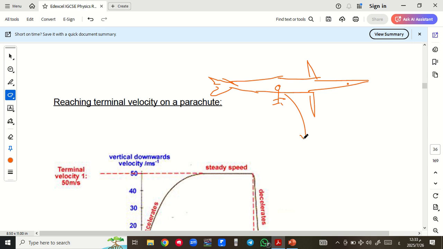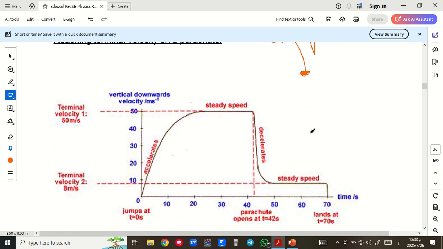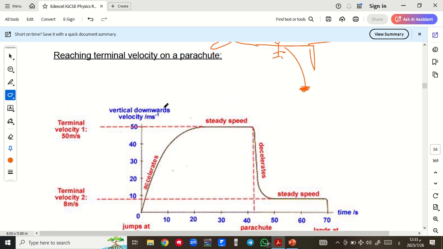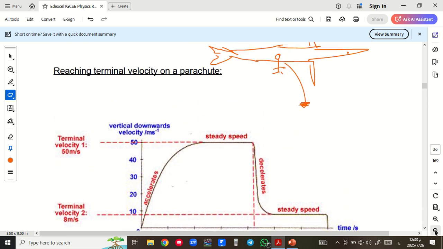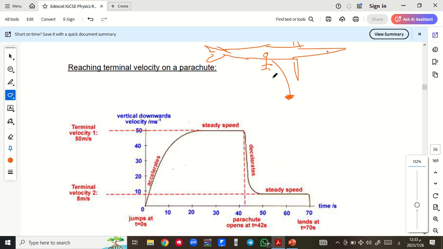After he jumps, we could study it from this curve. After he jumps, his speed will increase. You see this part of the curve, the speed increases by time.